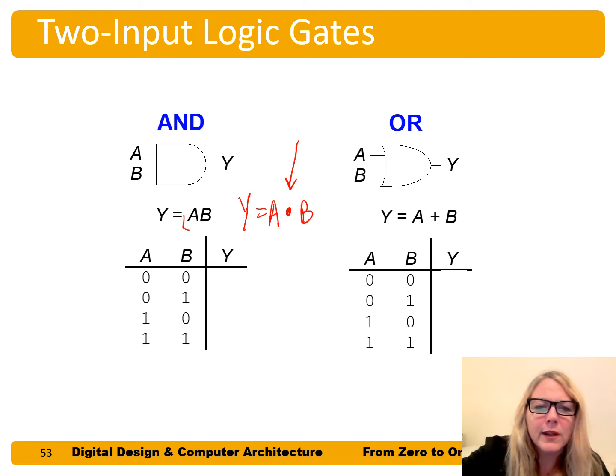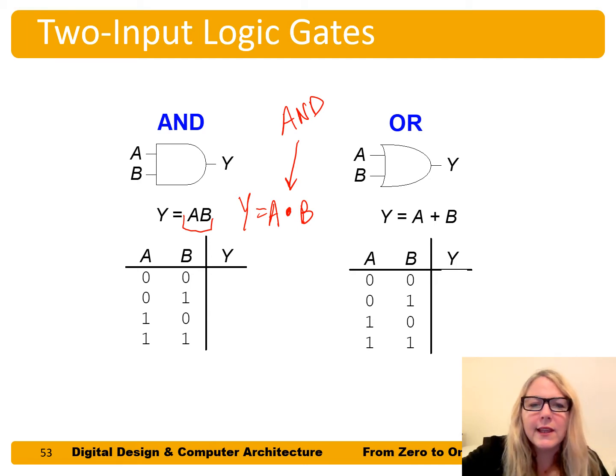It's simpler to write without the AND symbol in there, and so we can use shorthand for that and just write y equals AB and take out that AND symbol in between there. But you can use it, it just makes it fewer symbols on our page.